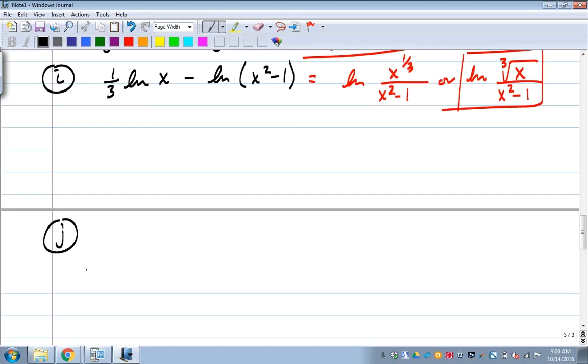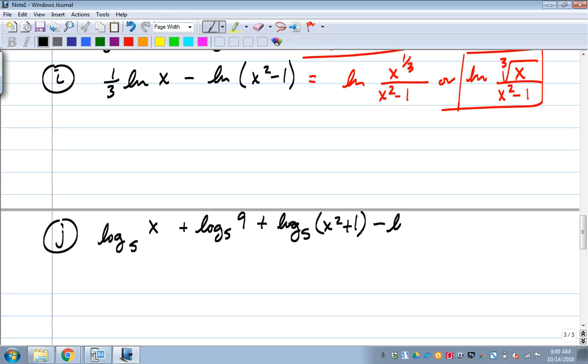Let's do a big one. Log base 5 of x plus log base 5 of 9 plus log base 5 of x squared plus 1 minus log base 5 of x minus 3 minus log base 5 of y. Let's make that a y so it doesn't simplify.